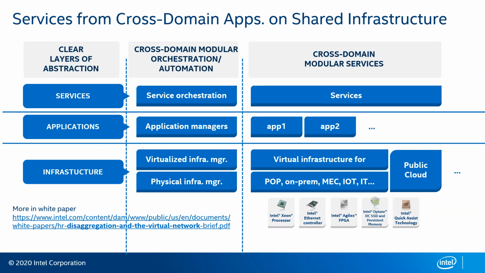So the platform built at different locations out of different ingredients is exposing itself as one common platform to different applications so that onboarding happens once, and we can build services that are cross-domain for those different applications.